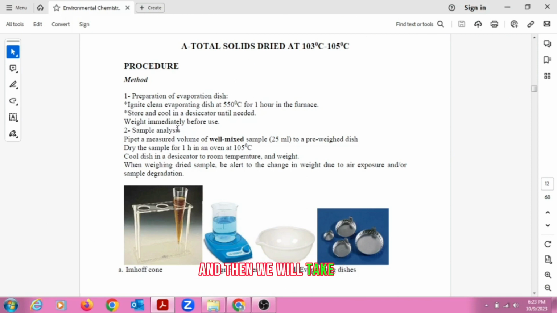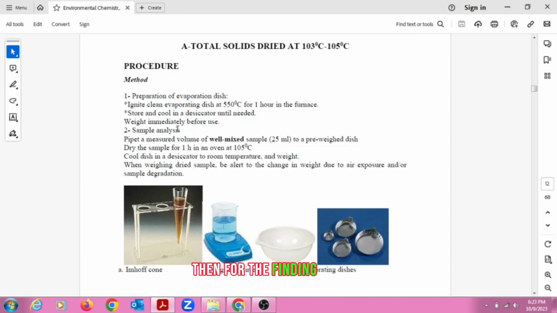Then we take a homogenized 100 ml or 25 ml sample, whatever amount you are taking, put it in the beaker and dry it for a few hours, around 1 hour, till the water is evaporated. This will give you the total solids weight difference before and after.